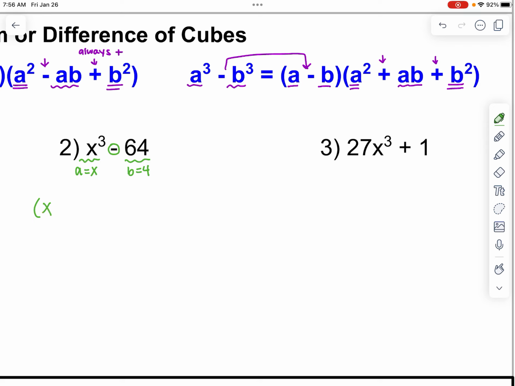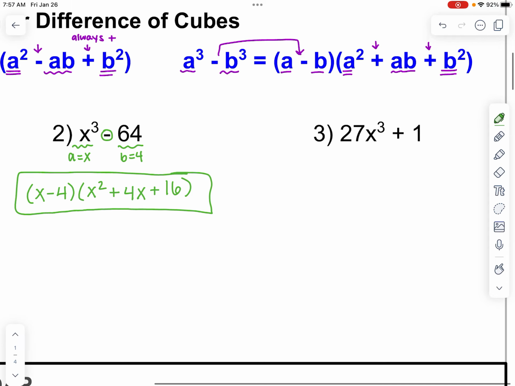So x minus 4 times a squared, so we get x squared, opposite sign, so we get plus, a times b would be x times 4, we get 4x, and then always positive, b squared is 4 squared is 16. There's our factored form.